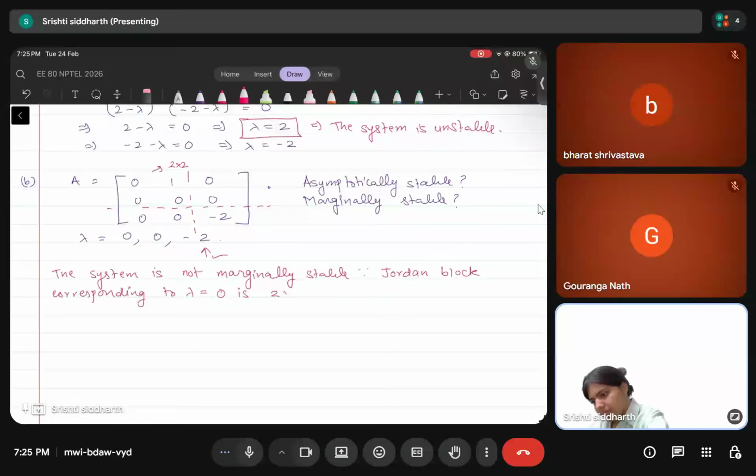And the system is not asymptotically stable because you have eigenvalues which do not have strictly negative real parts.